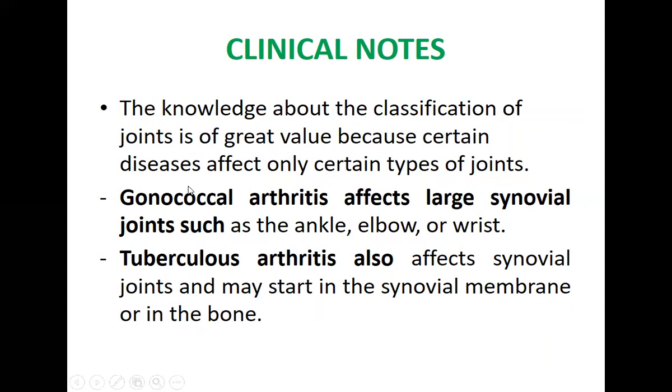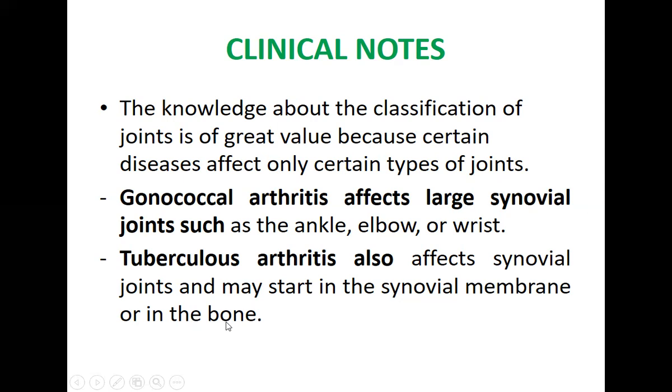There are diseases like gonococcal arthritis, which affects only the large synovial joints, like the ankle, elbow, or wrist joint. Then tuberculous arthritis also affects the synovial joint and may start in the synovial membrane or in the bone.